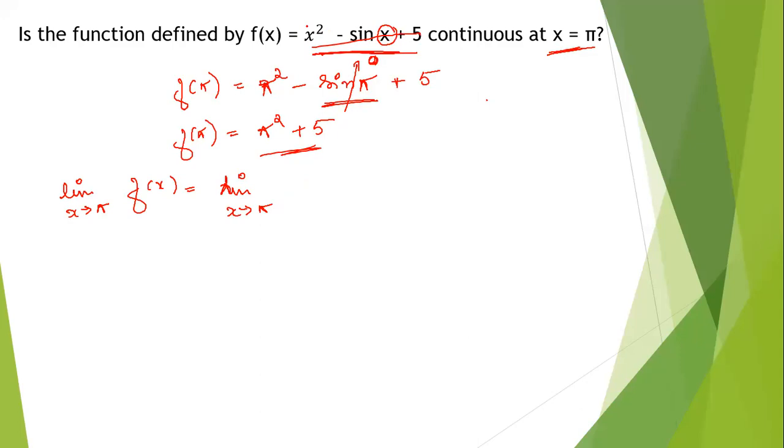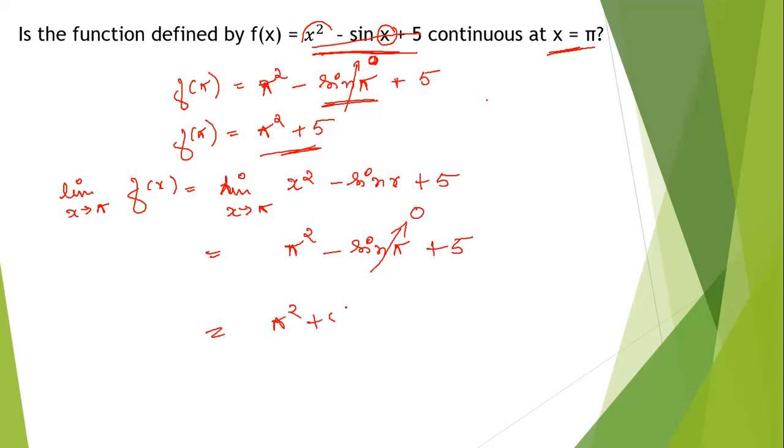So it will be pi square minus sine pi plus 5. Sine pi is 0, so you get pi square plus 5 itself. So our limit and functional value both are the same. So this function is also continuous at x is equal to pi.